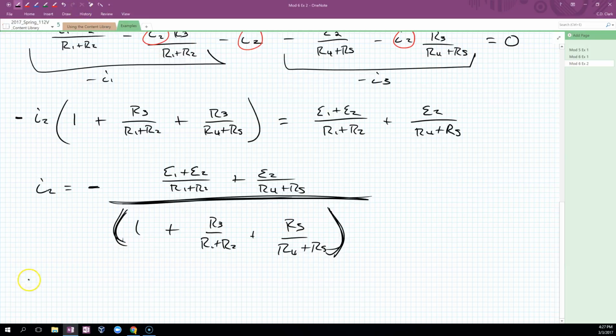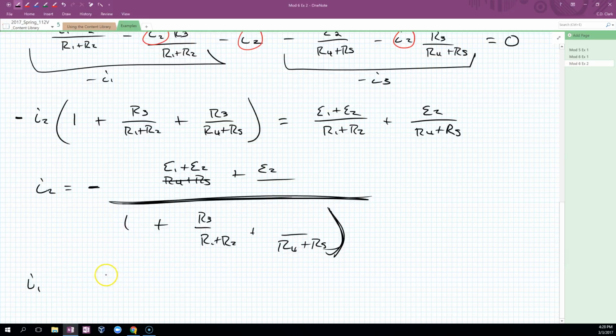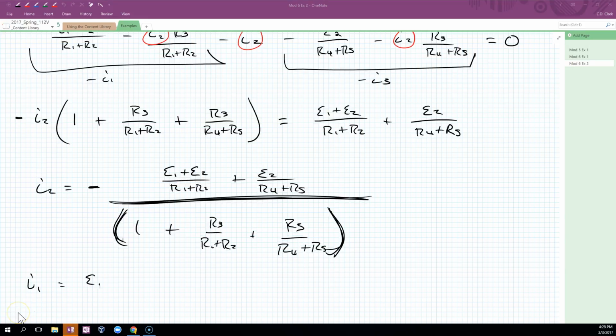So that's I2. For I1, I would take I2 and plug it back into the equation I had for I1, which is up there. So that's going to be E1 plus E2 plus R3 over R2 plus R1, and the I2 goes right here.